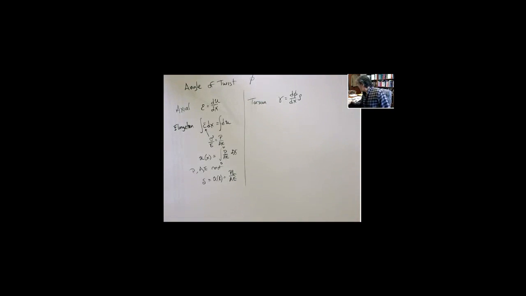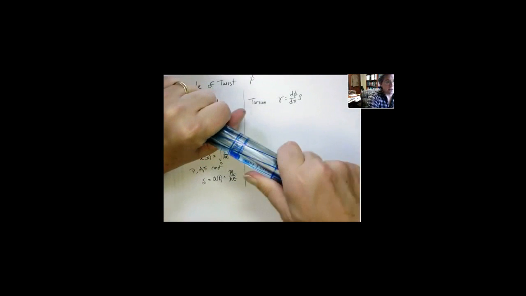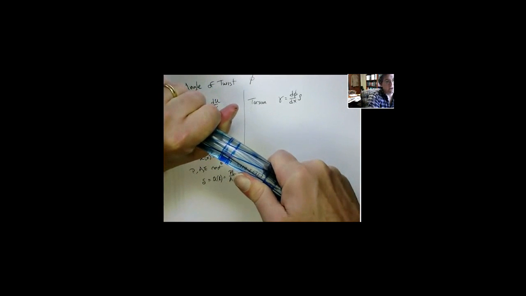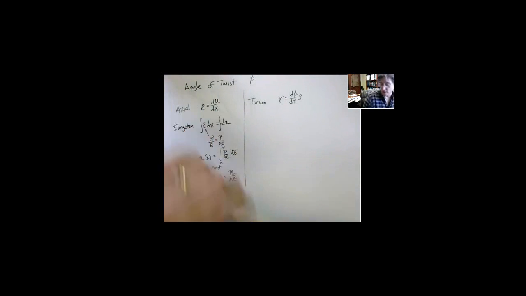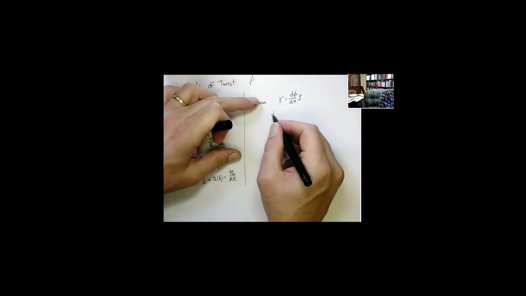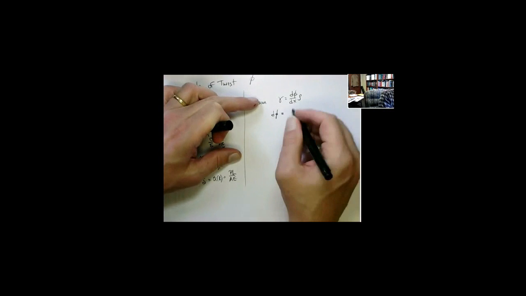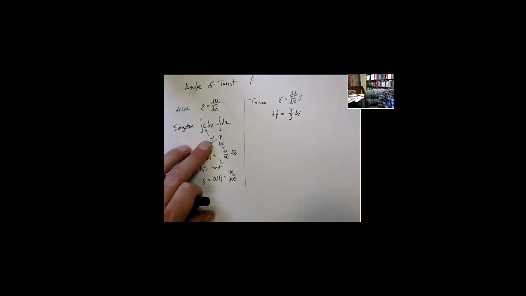For those who forget, that's how much this front disc rotates relative to the back disc as it moves down the shaft. Okay, so d(phi) is going to equal gamma over rho dx. Right? Similar to what we did here.